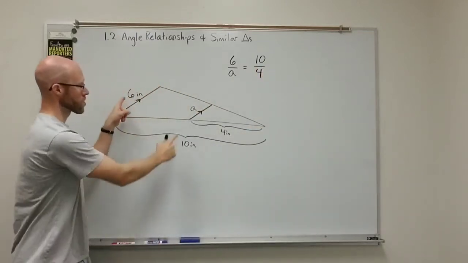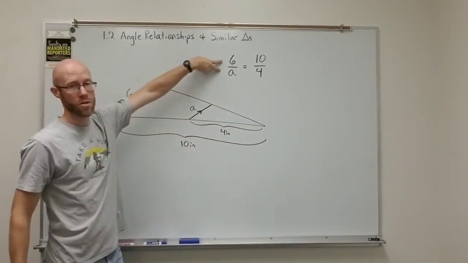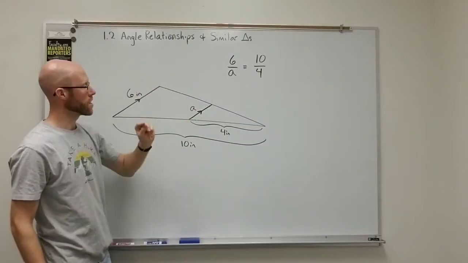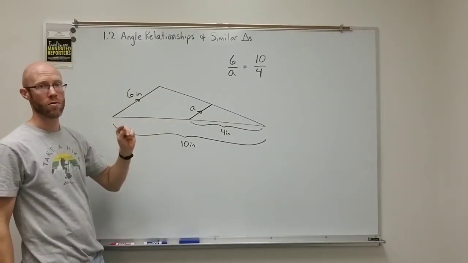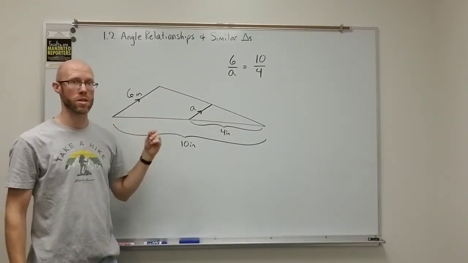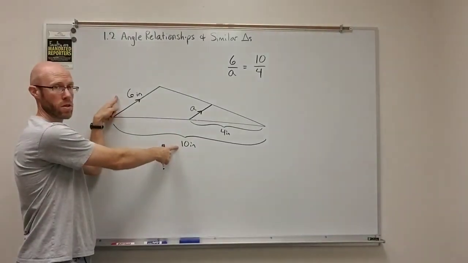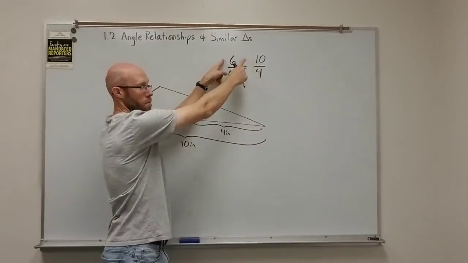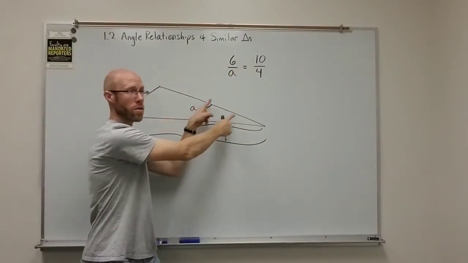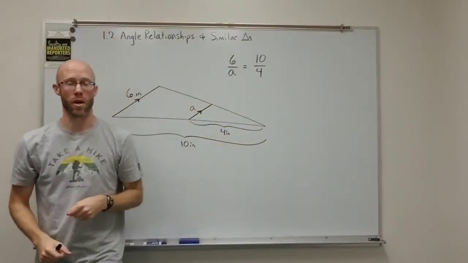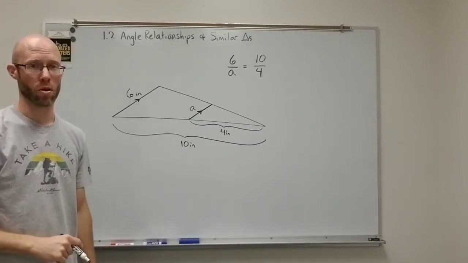Notice I have the corresponding sides in the same fraction, but I was also careful to put the sides from the same triangle in the same position. So the sides from the big triangle both go on top. The sides from the smaller triangle both go on the bottom. Okay, otherwise these proportions don't work out.